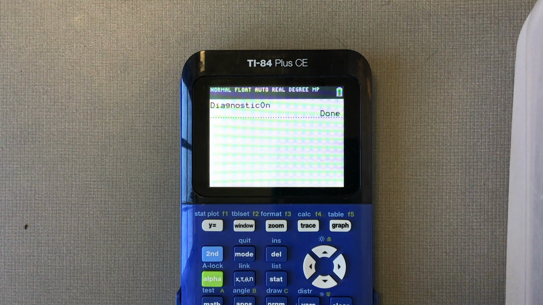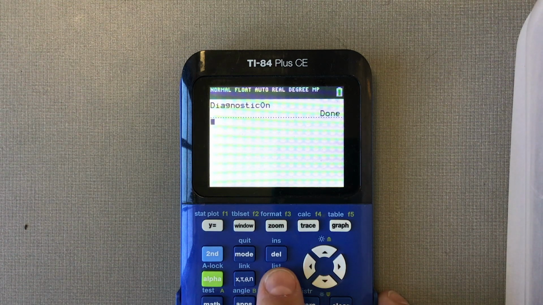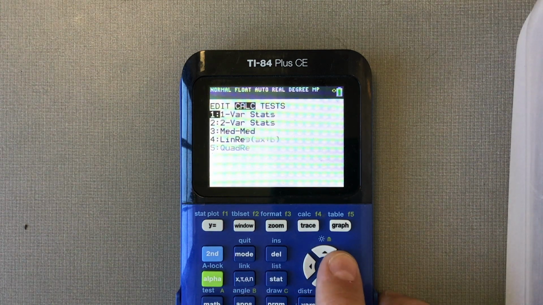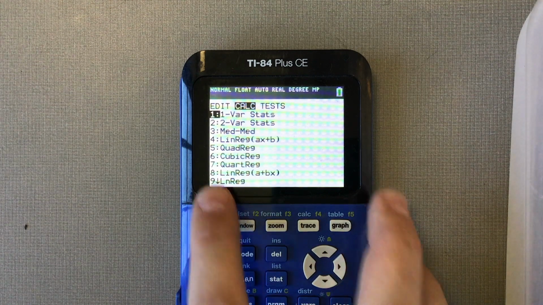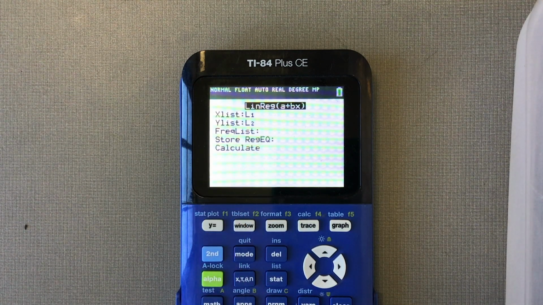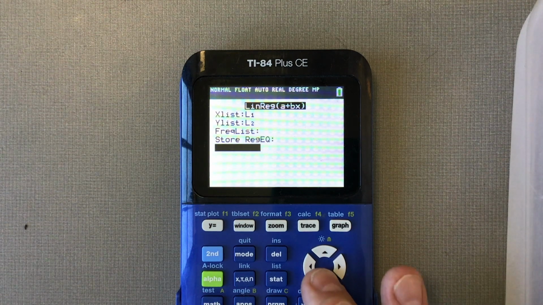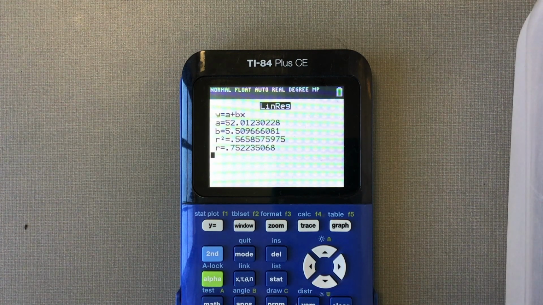And then we're going to go back and do the same thing. So stat, calc, number 8, should have saved everything that I already had there. So I'm just going to go down to calculate and press enter. And now I have A, I have B, I have something called R squared. Yes, that is literally just the square of the R value, which we'll talk about in the future.